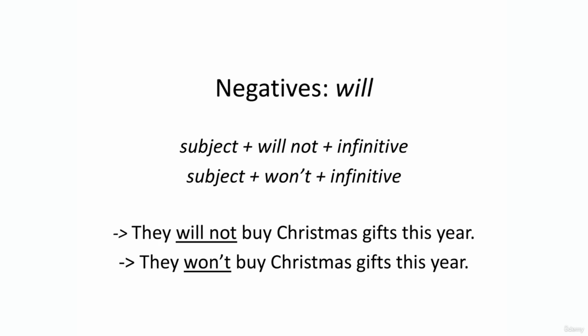They will not buy Christmas gifts this year. They won't buy Christmas gifts this year. Both sentences are correct, but we are more likely to use the contraction in the second example in spoken English.